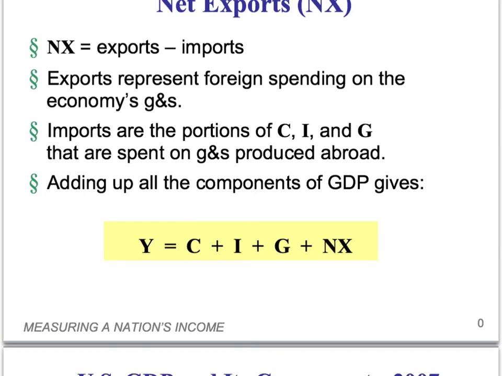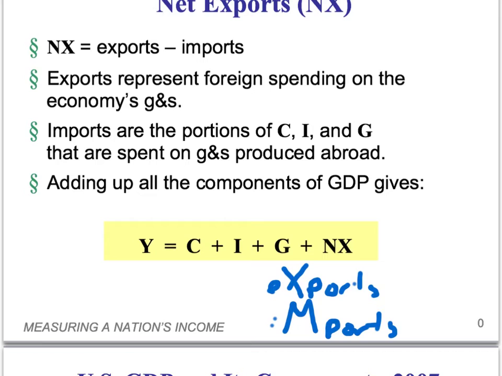Now net exports, which they call NX. One thing you'll see in this book and in others is exports listed as X for exports, and imports will be M for imports.